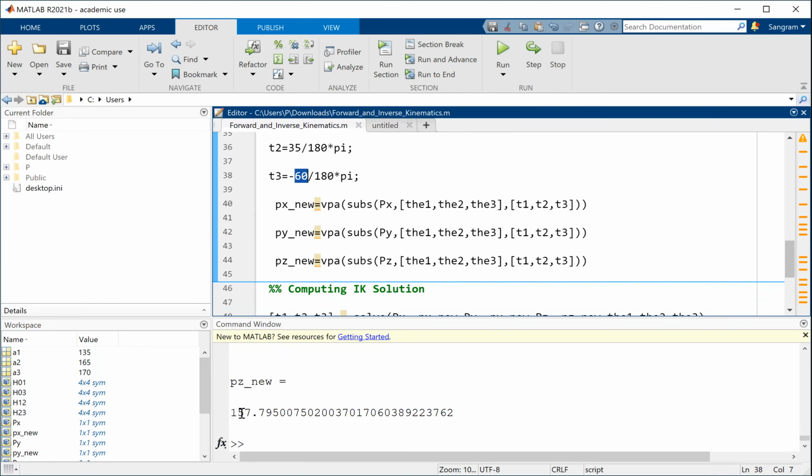Everyone understood this? This is what forward kinematics is.